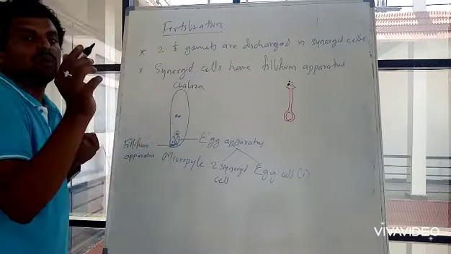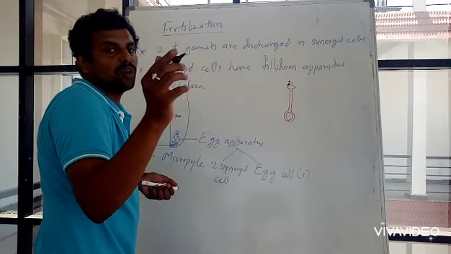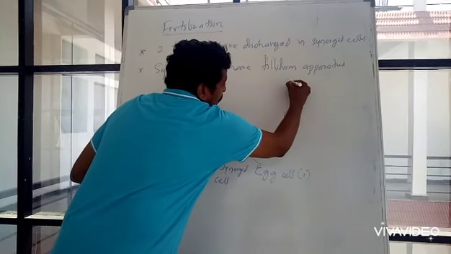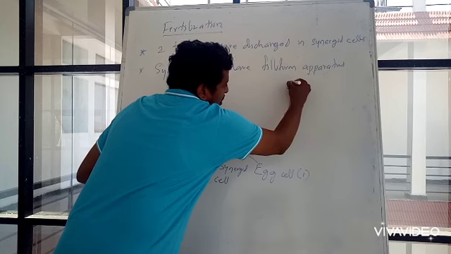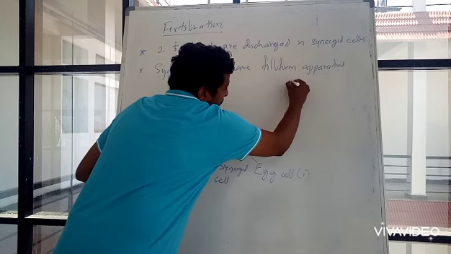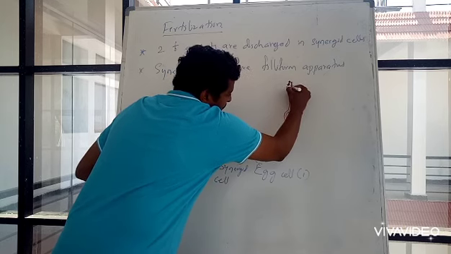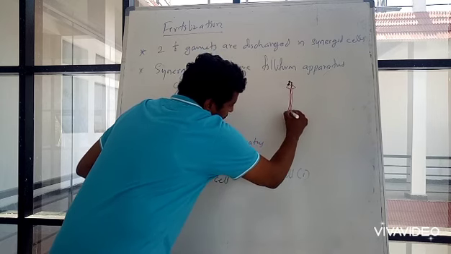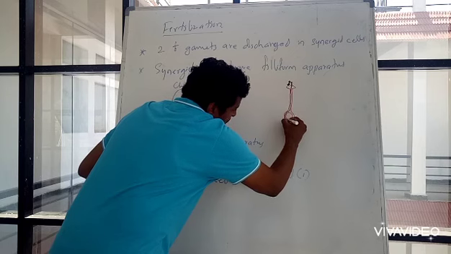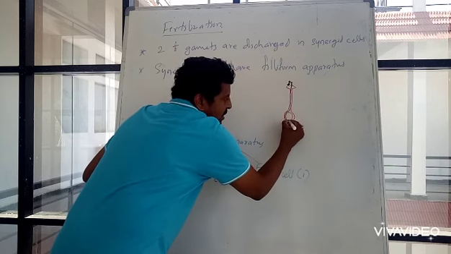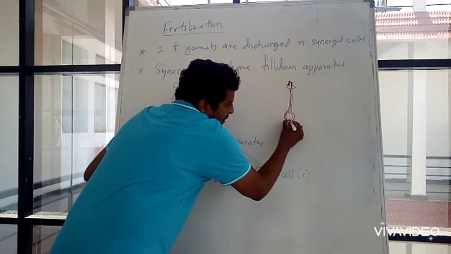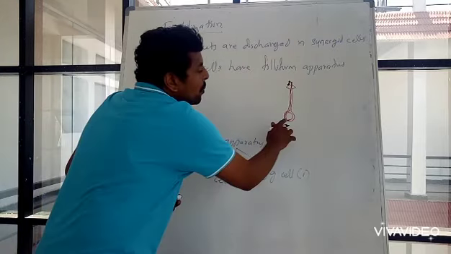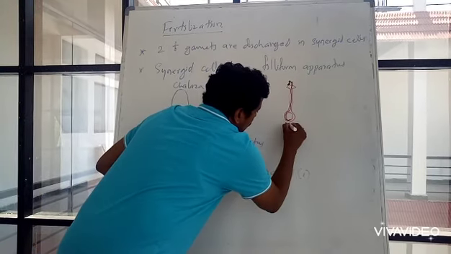One is the germination of the pollen tube. The pollen tube comes out through the germ pore, enters the stigma, and through the style it reaches the ovary. Once it reaches the ovary, it will enter the ovule through the micropyle end.